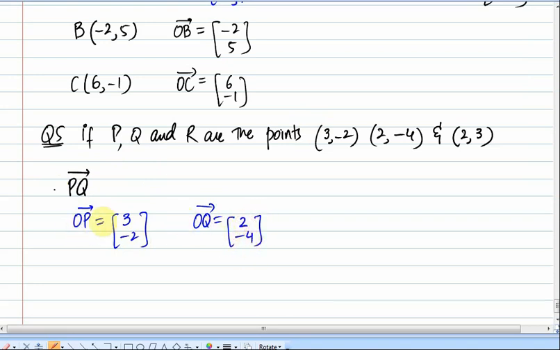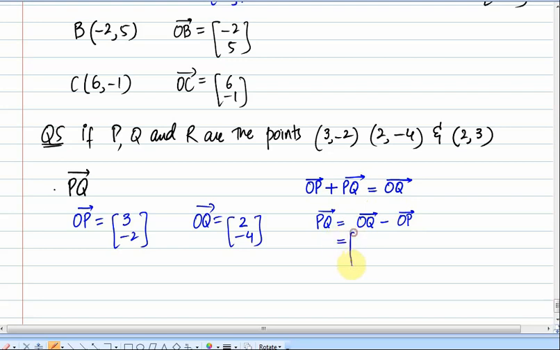If I write the equation, I can say that OP plus PQ, since both the alphabets are same, the resultant will be OQ. That is the equation that I have made with the concept of vector addition alphabetically. We need to find out the value of PQ. So making PQ the subject, it will be OQ minus OP.